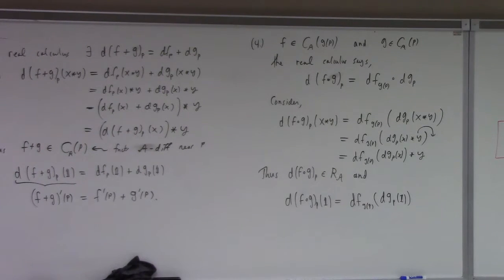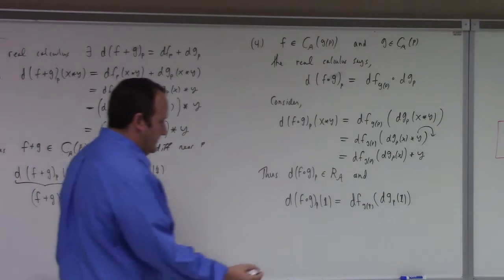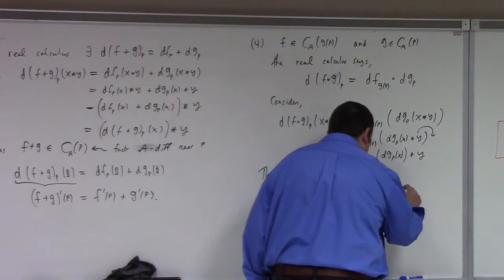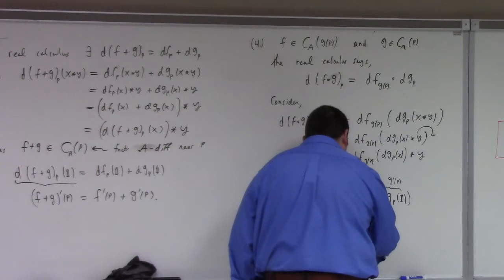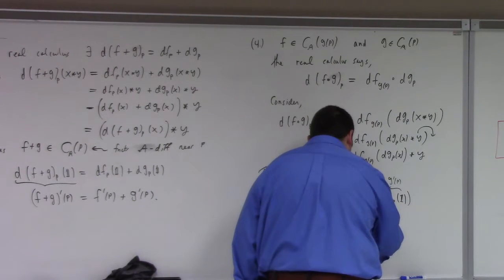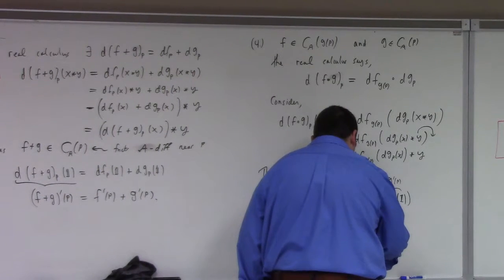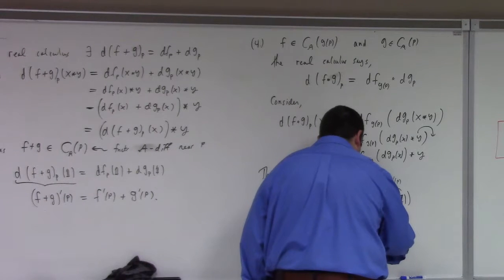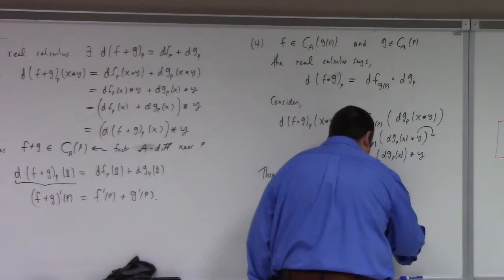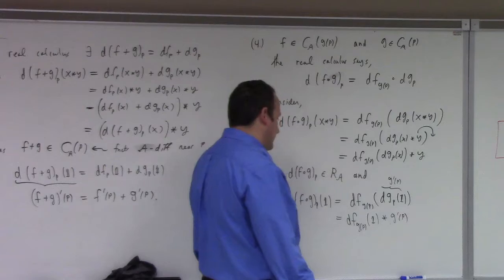Well, dGP of 1 is G prime of P. And so what we have is dF at G of P acting on 1 times G prime of P, again by the right linearity.